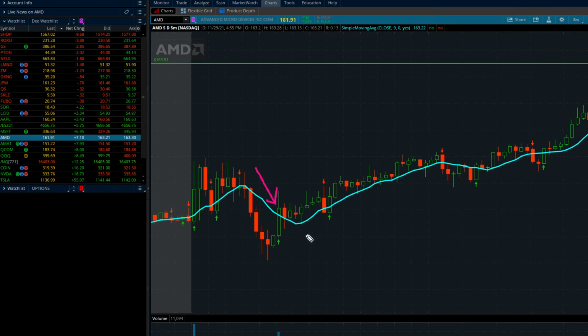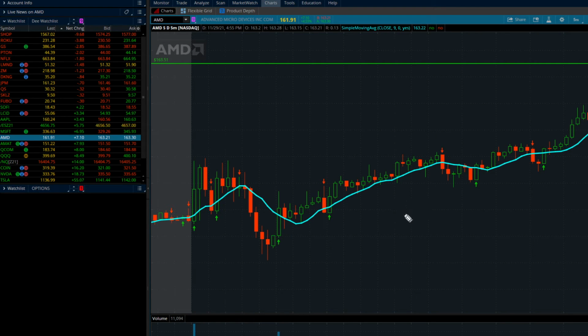If we are starting the move and you just get into the move, I am looking for a significant close below the 20 period moving average, meaning that this candle here did break and close, but you have to think about the moving averages as a guide. It's a delayed moving average price line here.